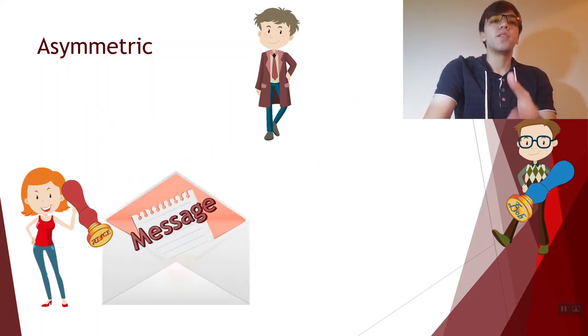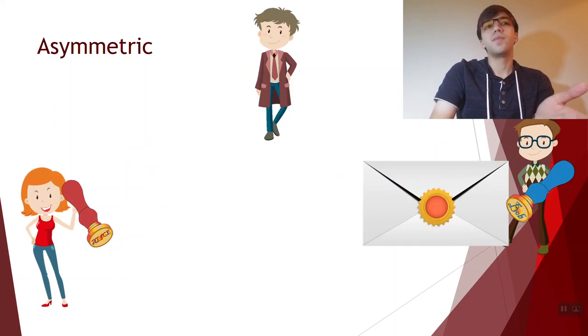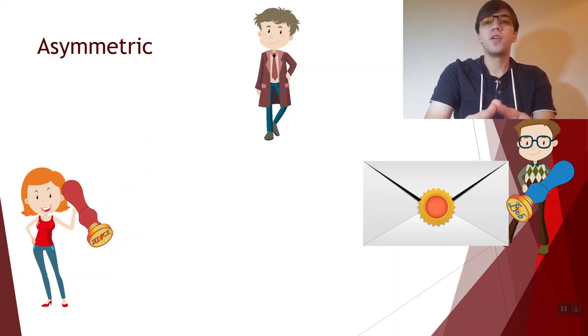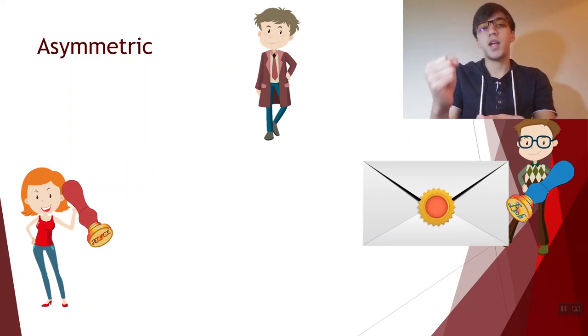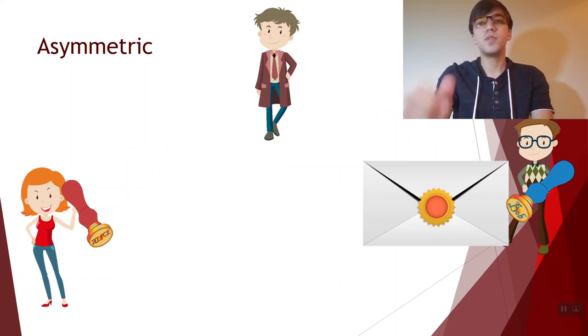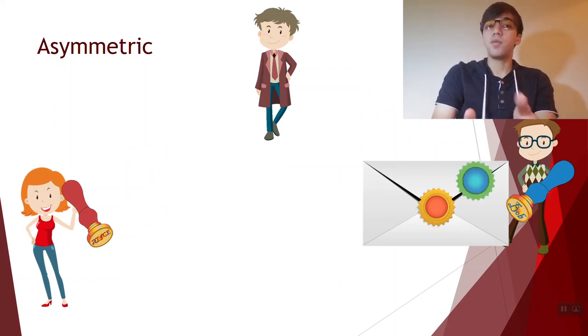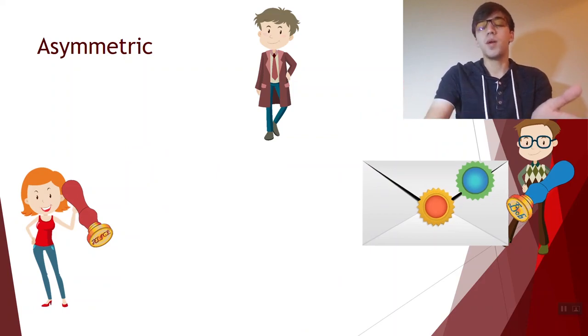To begin, Alice seals up the message the exact same way as before. She sends it off to Bob, but this time Bob doesn't have Alice's metal stamp, so he can't open up that message. But what Bob can do is stamp his own seal on it. So now neither Alice nor Bob nor Eve can open that message.